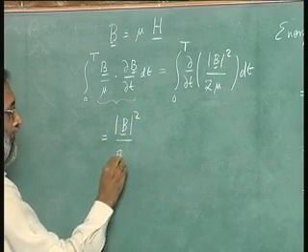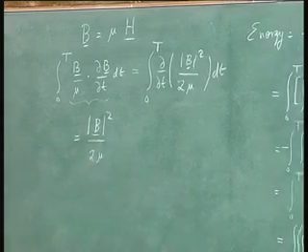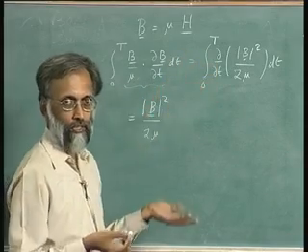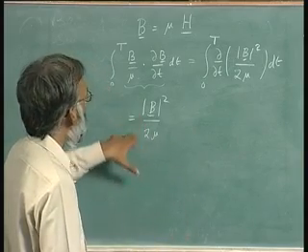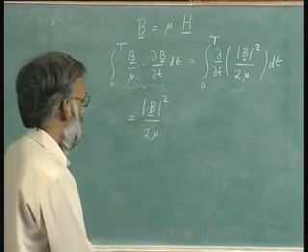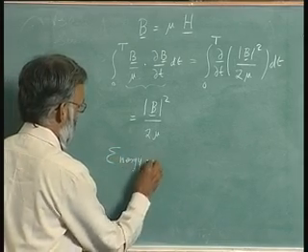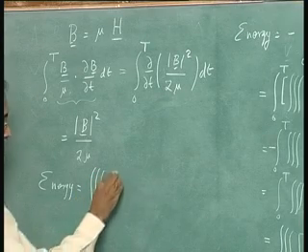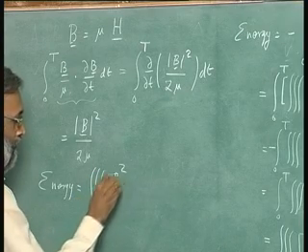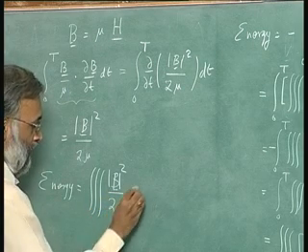the final value minus the initial value, but I will assume that the initial value was 0 because the current started from 0. So, this is the value of this time integral, which means energy is equal to volume integral B squared over 2 mu dV.